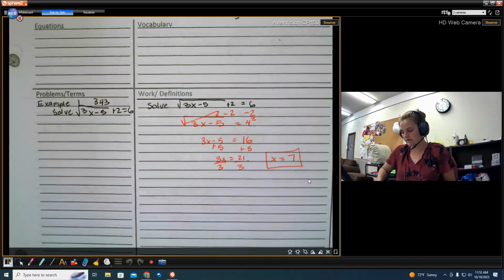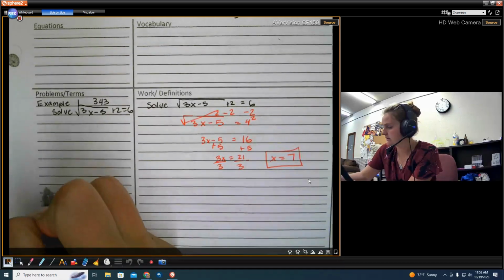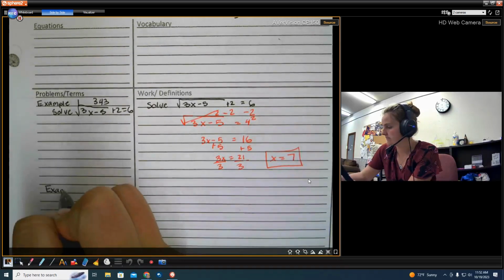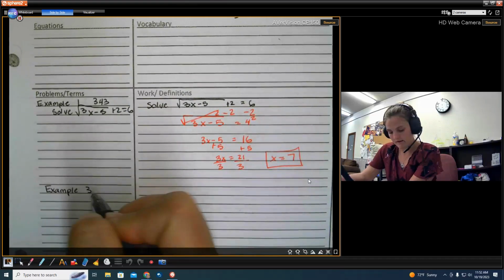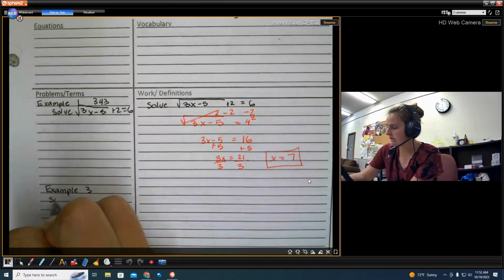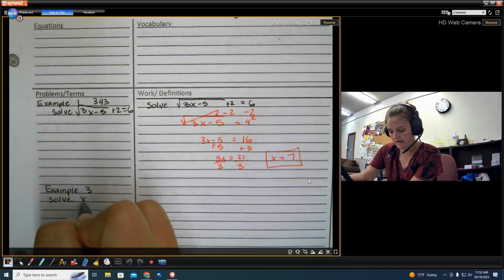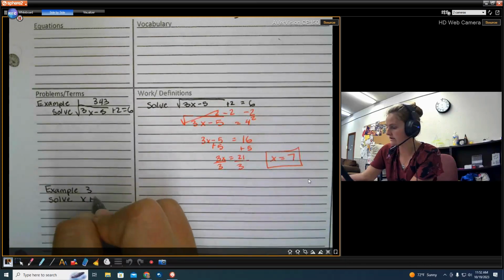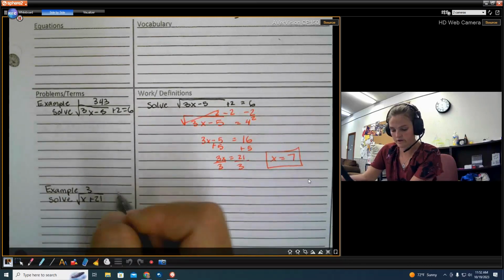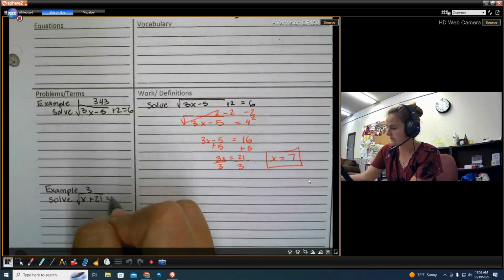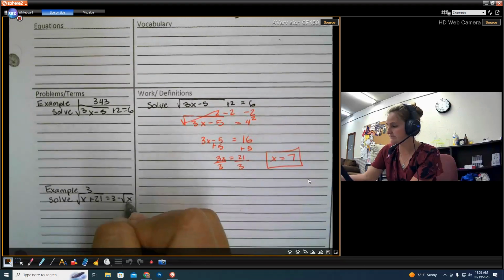So we're going to do example 3, which is identifying extraneous solutions. And it says to solve x plus 21 under the square root equals 3 minus the square root of x.